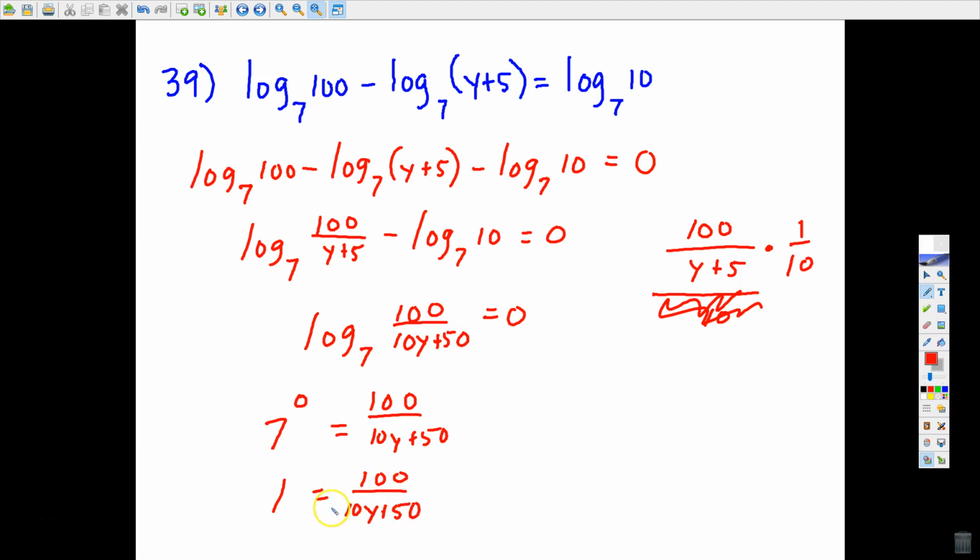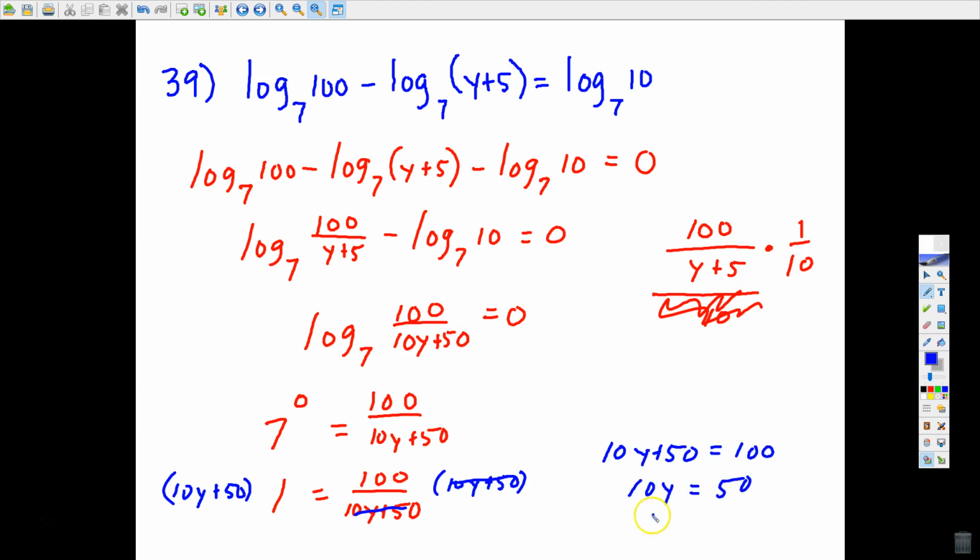And now I'm going to multiply by this denominator on both sides. I'll show that step to clear this denominator. So in blue, I'm showing multiplying by the denominator on both sides. That will cancel these. And I'm left with 10y plus 50 equals 100. 10y equals 50. So that means y equals 5.